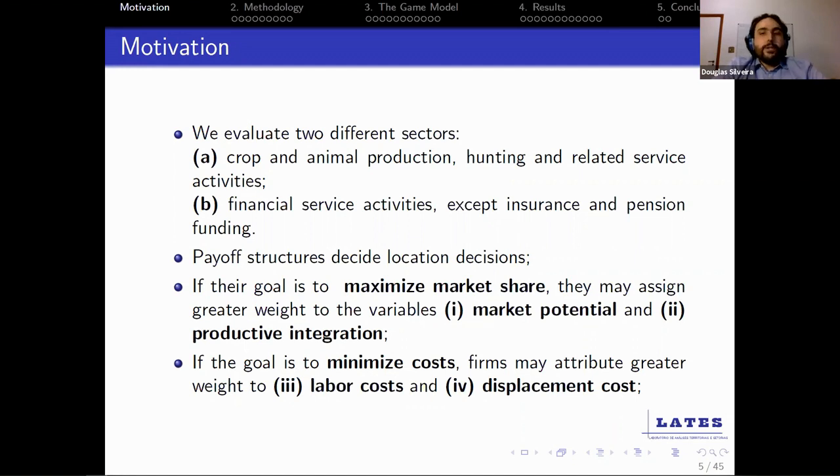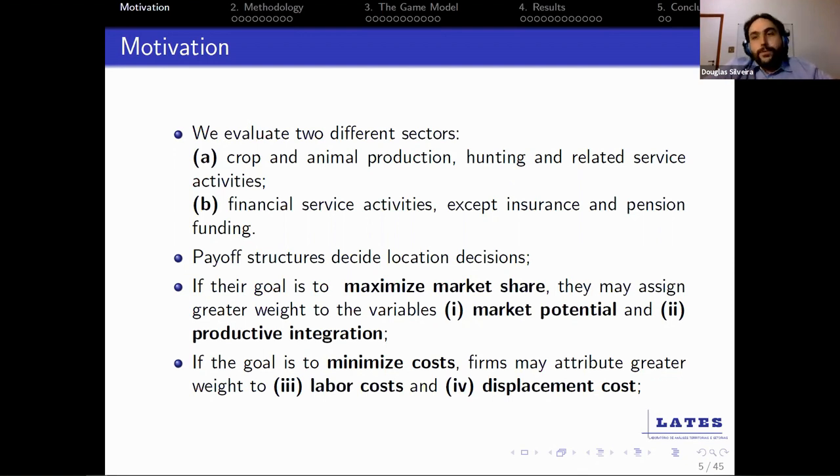Actually, what is going on behind this game is that the payoff structure of the game will decide firms' locational decisions. We are considering a set of strategic variables that will guide firms to their optimal locational decision. If their goal is to maximize market share, they may assign greater weights to the variables market potential and productive integration.